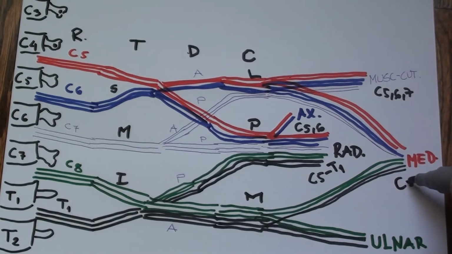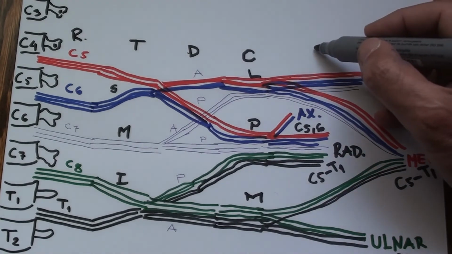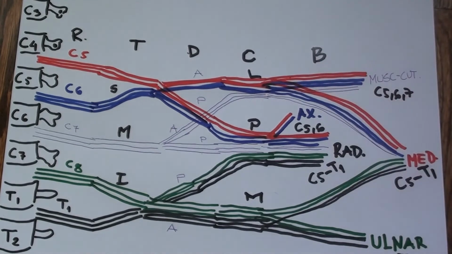So is the median nerve with C5 to T1 fibers. And ulnar nerve, which is left for us, being composed of C8 and T1. So the last segment of the diagram we drew was something that we marked as branches, so for that reason letter B to come on the top of it.